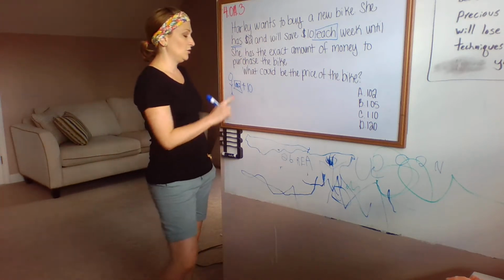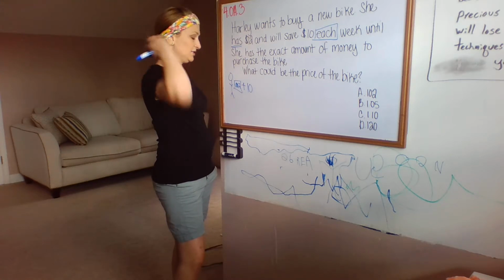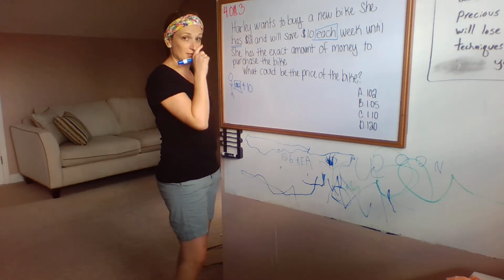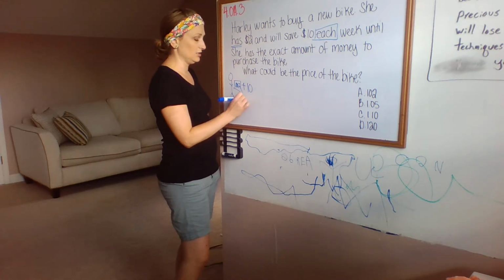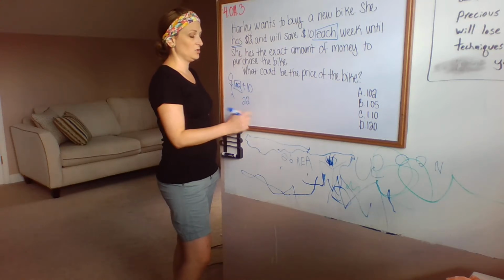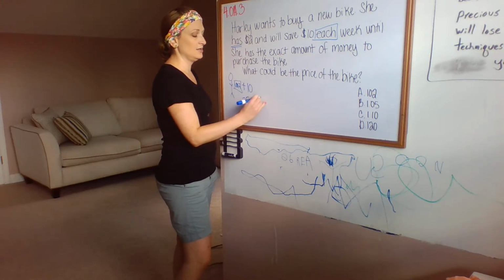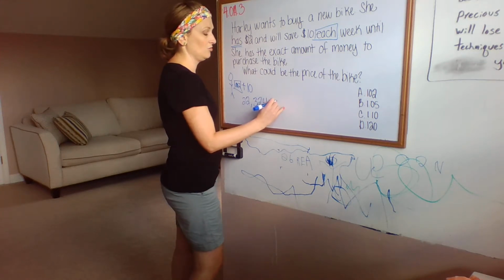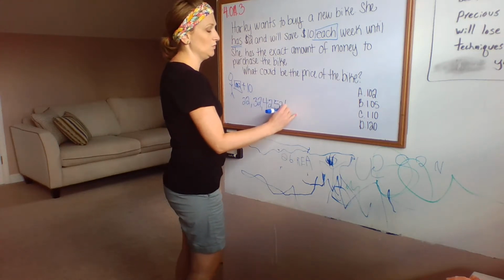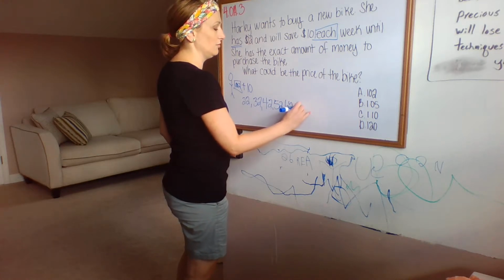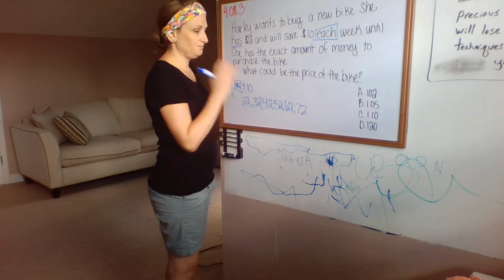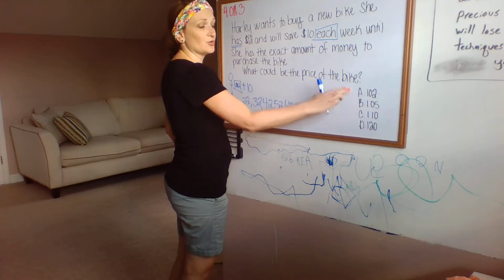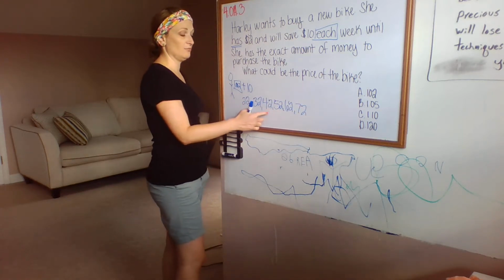Okay, so we have 12 and 10, which when we add them together, we're not multiplying, we're adding, we get 22. So we're adding 10, 32. And they would keep going, 42, 52, 62, 72. Okay. And now looking at the answer choices, we can see that there's a number pattern.